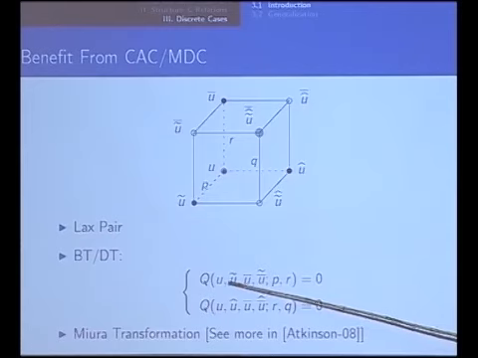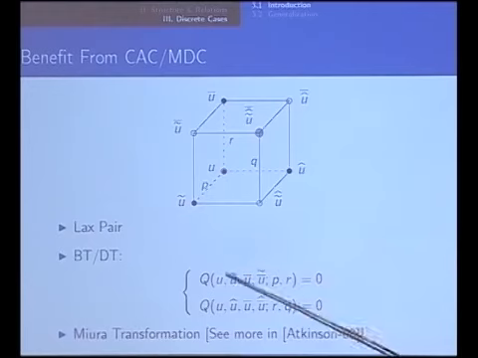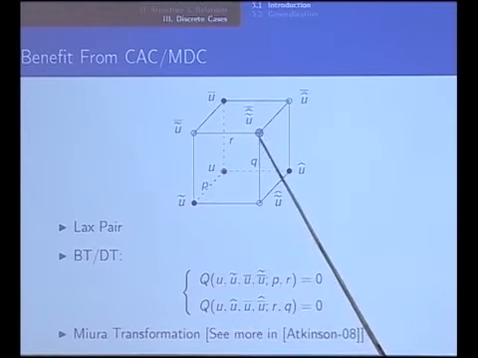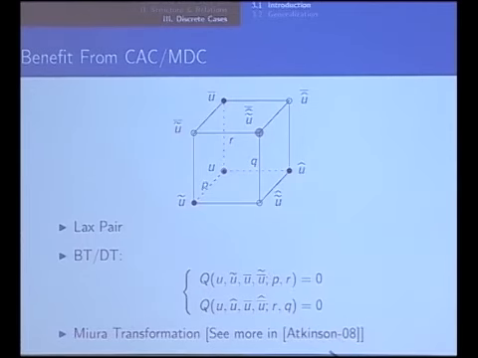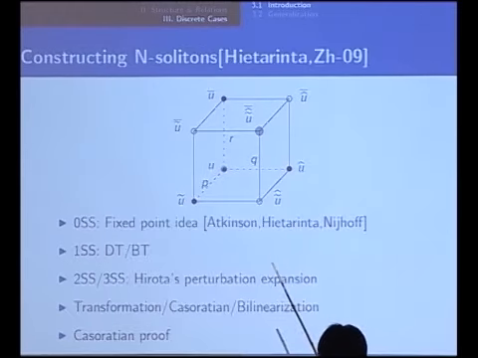If we consider it to be a wave function, this is the Lax pair. In this way, we can call this a Darboux transformation because it is related to the Lax pair. And from this elementary cube, we can also consider many Miura transformations. James has a paper on this.